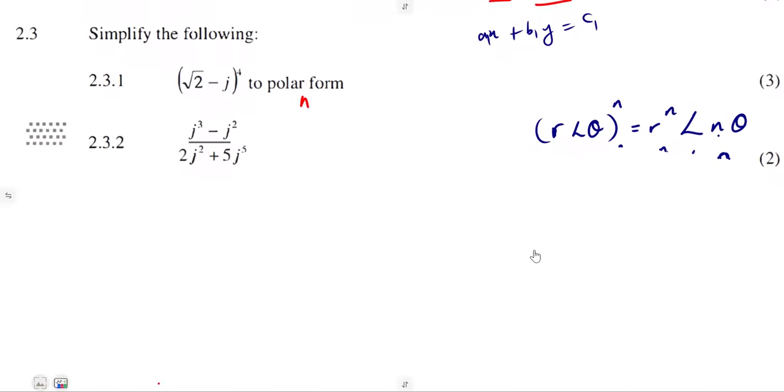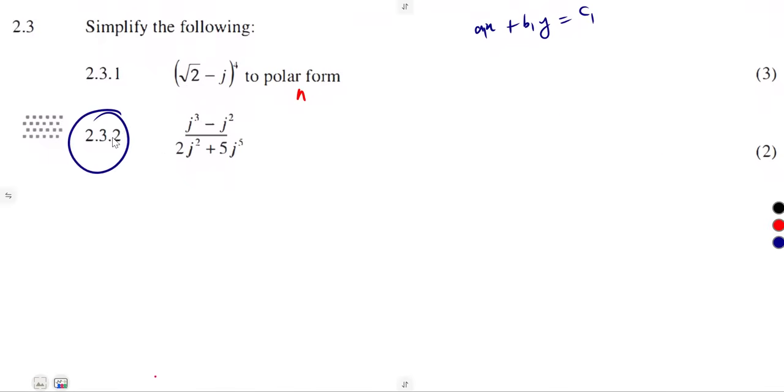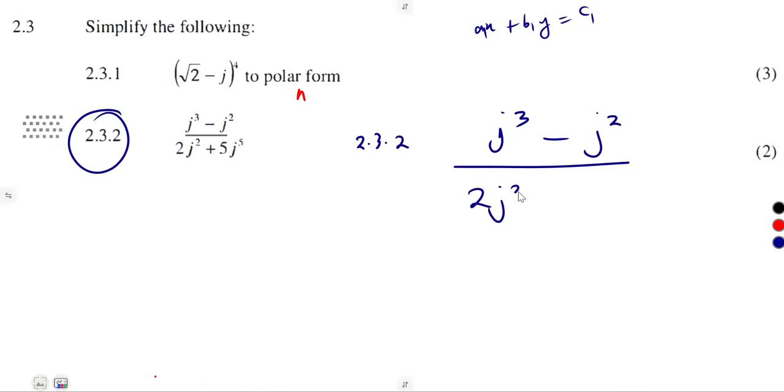Then 2.32, it was just to simplify. This time we are not told to give the answer in rectangular or in polar form. Just simplify this. So that was 2.32. We are given j to the exponent of 3 minus j squared, everything over 2j squared plus 5j to the exponent of 5.